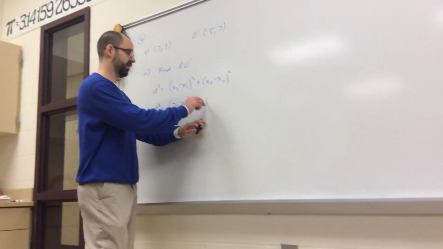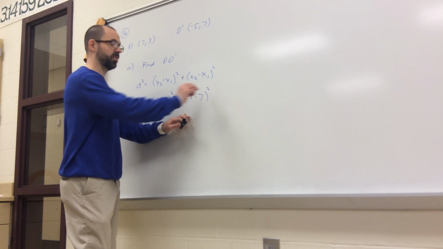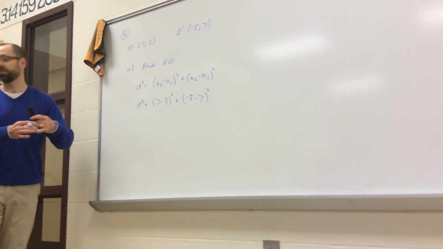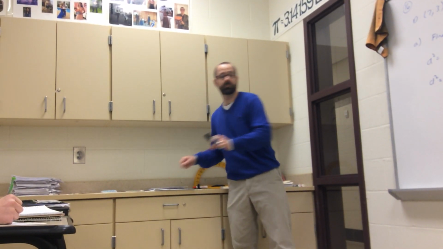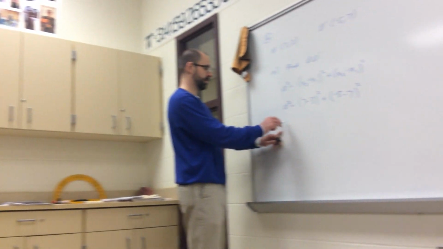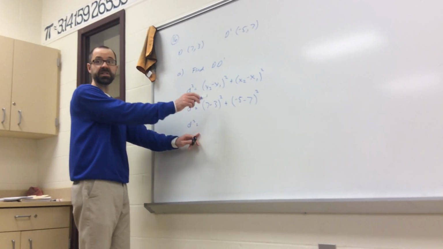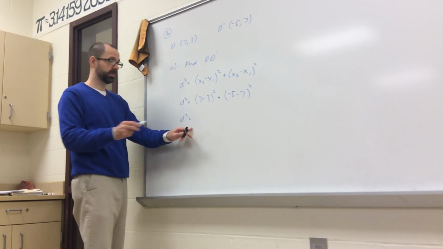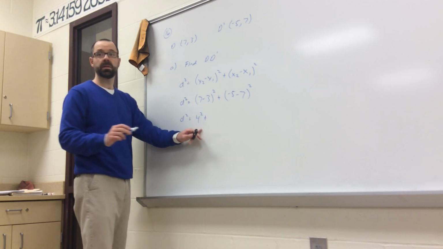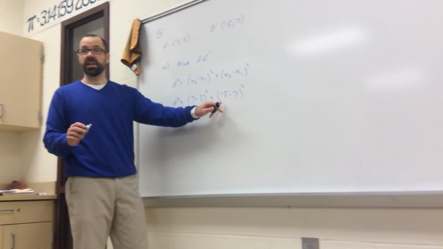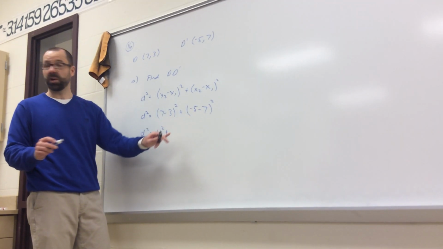So you do -5 minus 7 squared. And then you subtract 7 minus 3, that comes out to 4. And then -5 minus 7 is -12.